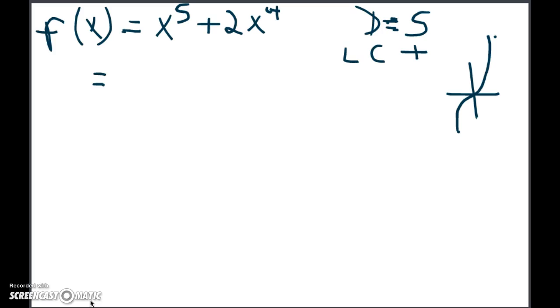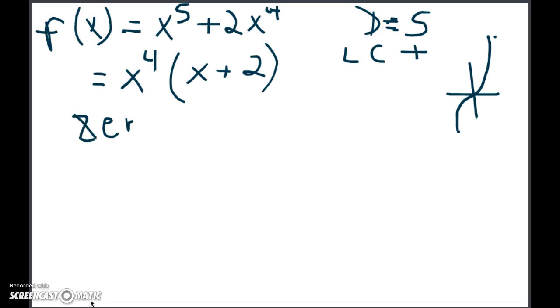Now I need to factor this. So to factor it, I'm going to take x to the 4th times x plus 2. That tells me that the zeros are 0, negative 2.